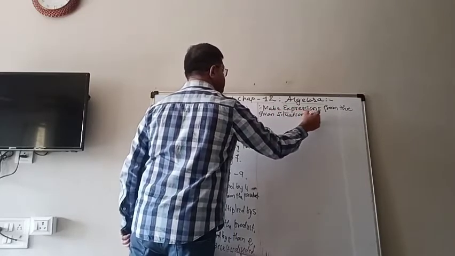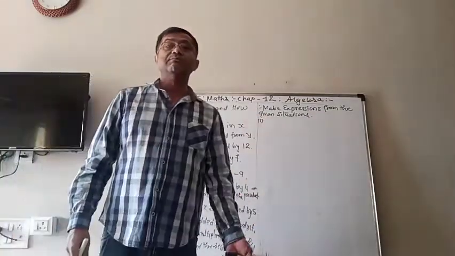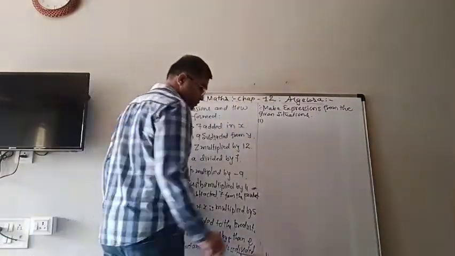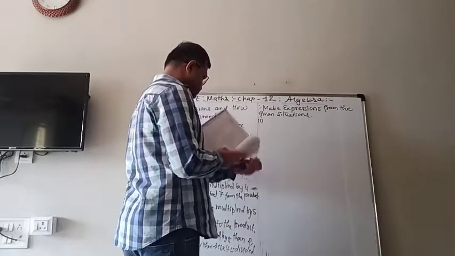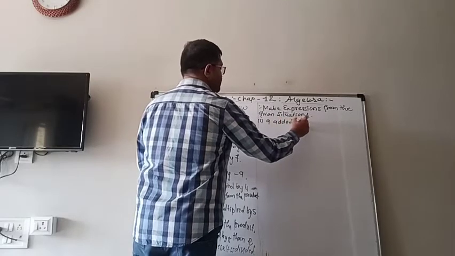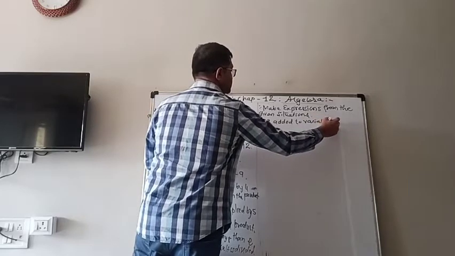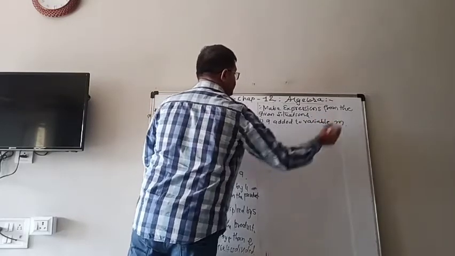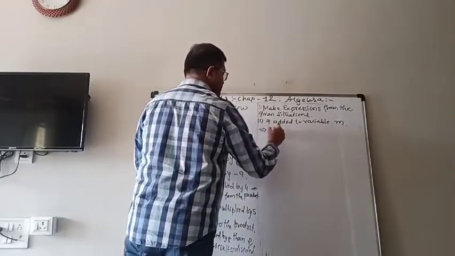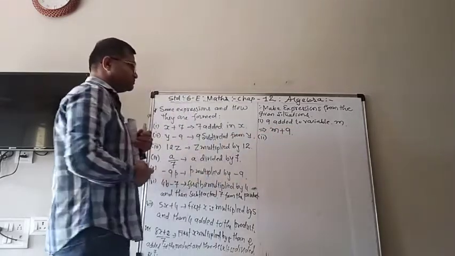So now the situations will be given and we will learn how to make the expressions from them. First, 9 added to variable m. So now we have to add 9 to the variable m. So it will be m plus 9.